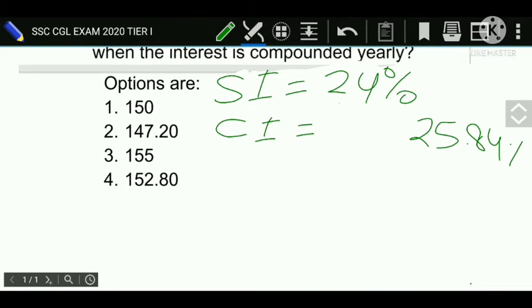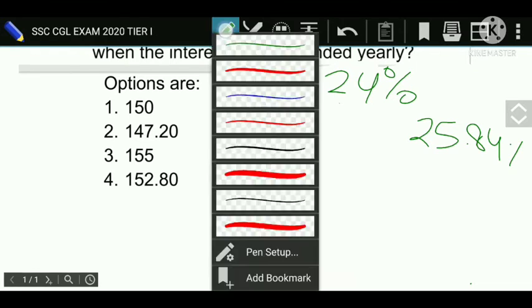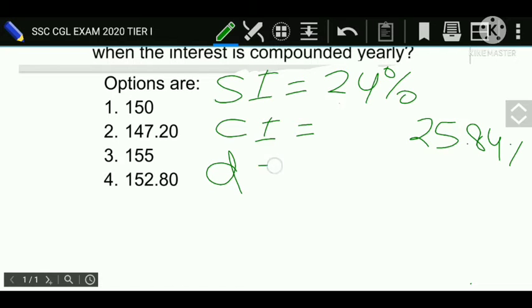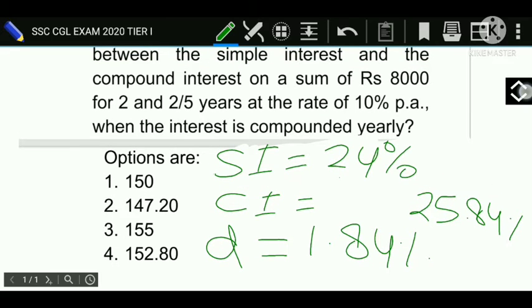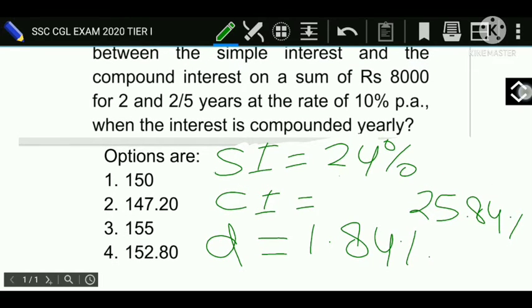We have seen here SI as 24%, CI 25.84%. So the difference of interest D is equal to 1.84%. Now we know the principal is 8,000 and principal is always 100%.